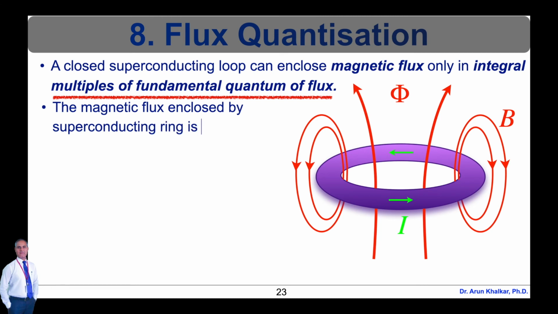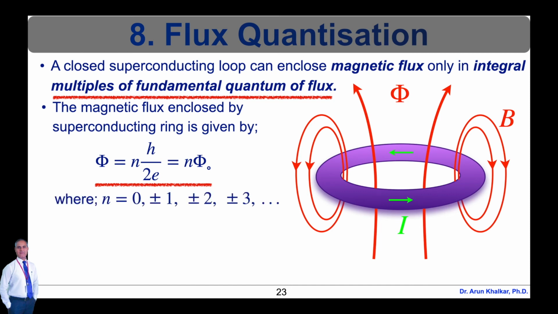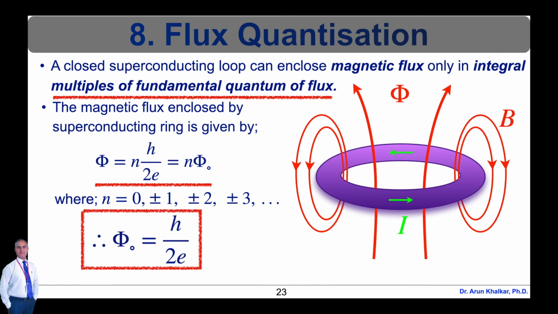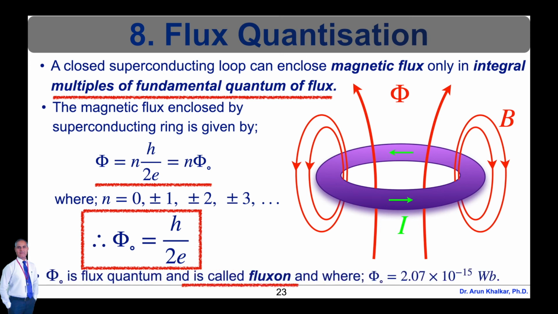The magnetic flux through a superconducting ring is given by φ = nh/2e, that is equal to nφ0, where n = 0, ±1, ±2, ±3 and so on. Here φ0 = h/2e is the flux quantum, called the fluxon. The value of the fluxon is φ0 = 2.07 × 10^−15 Weber. So this is the flux quantization.